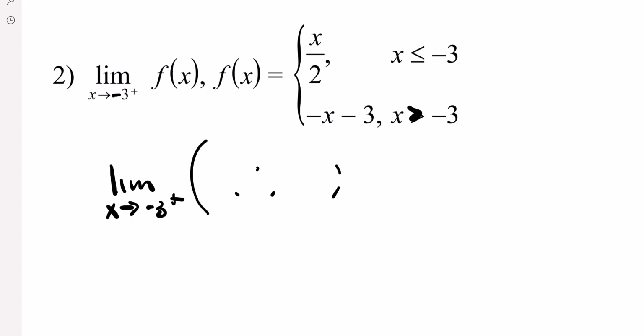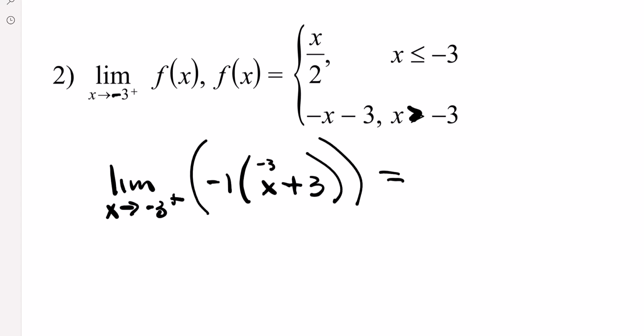The reason why I want you to, when these both have negative signs, factor out a negative 1. Oops, factor out a negative 1. Well, now when you put a negative 3 in there, negative 3 plus 3 is 0. Negative 1 times 0 is still going to be 0.